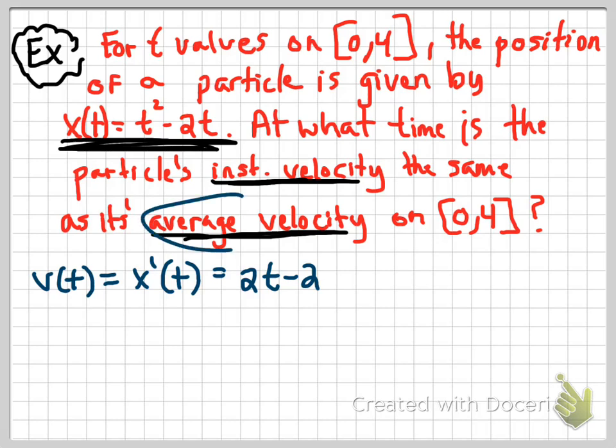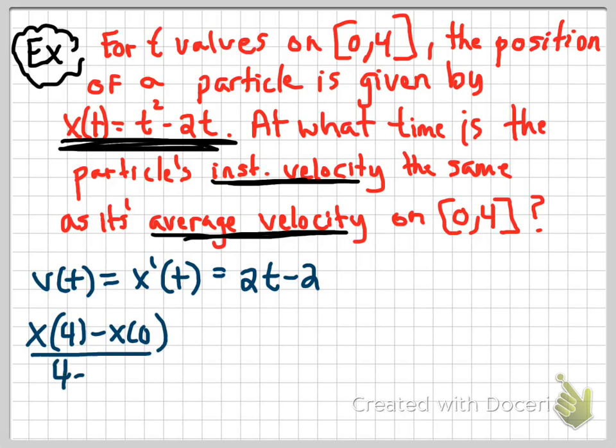And the average velocity means no derivative necessary. That's when I'm going to do x of 4 minus x of 0 all over 4 minus 0, since 0 to 4 is my interval. And we're going to plug 4 and 0 back into the original equation.